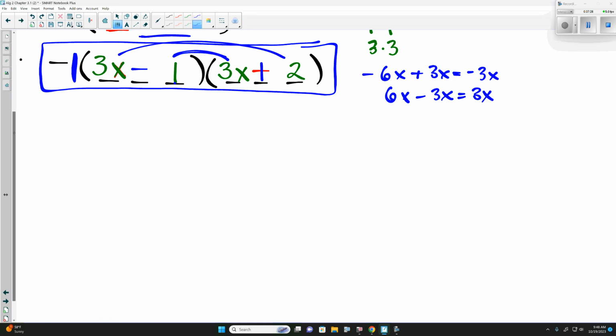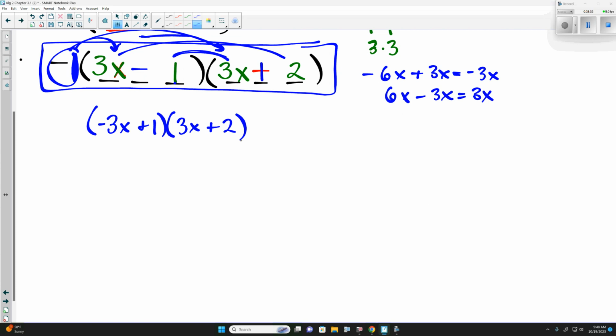We could multiply that negative 1 back in if we wanted to not have it sitting out front, but we can't multiply it with both. If I wanted to condense this, I would have to choose to multiply this negative 1 either here or here. It's got to go into one or the other. It can't go in both. So I can multiply it with the first one, which would give us negative 3x, plus 1 times 3x plus 2.